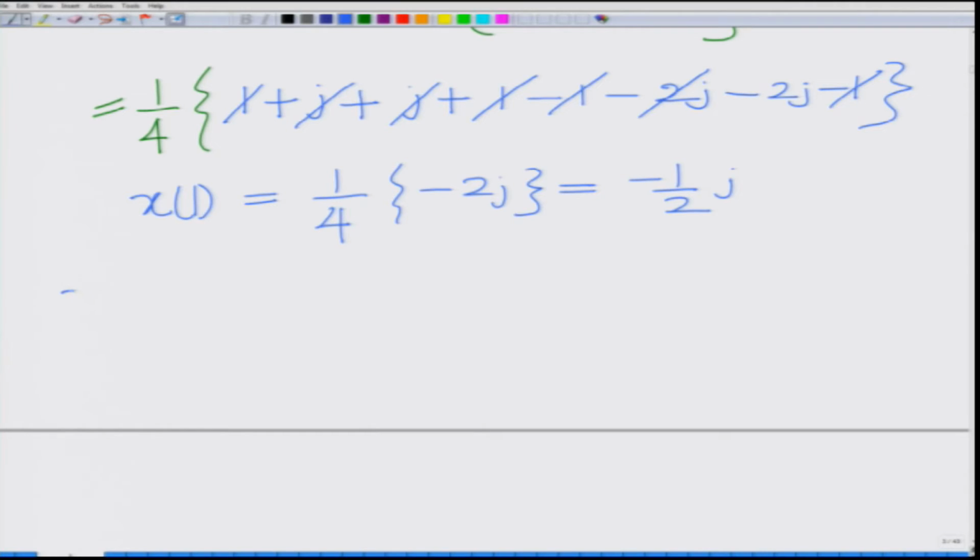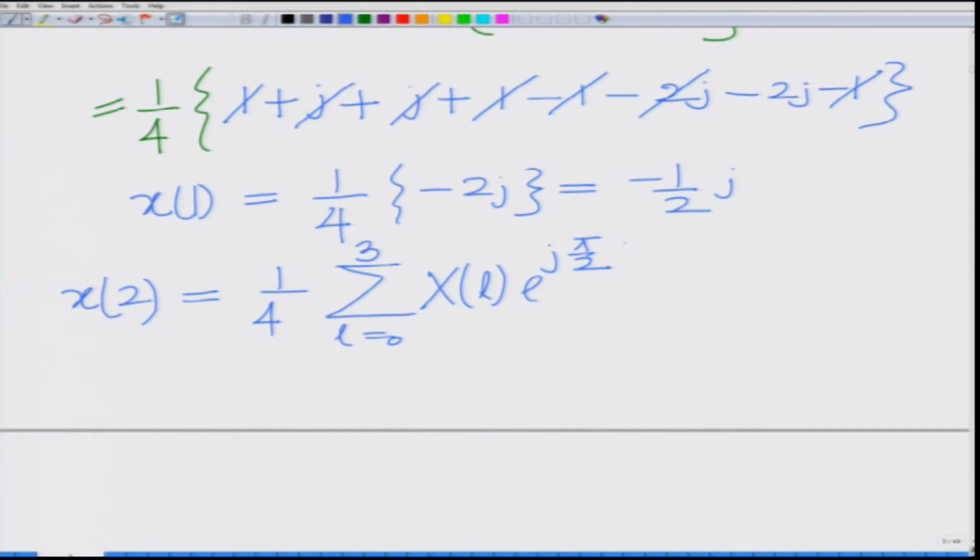Now, let us compute small x2, small x2 equals, well, 1 over 4 summation L equal to 0 to 3 capital XL e power j pi by 2, substitute k equal to 2, 2 times L, of course, the 2's go away, and what we have is 1 over 4 summation L equal to 0 to 3 capital XL e power j pi L, that is small x2.